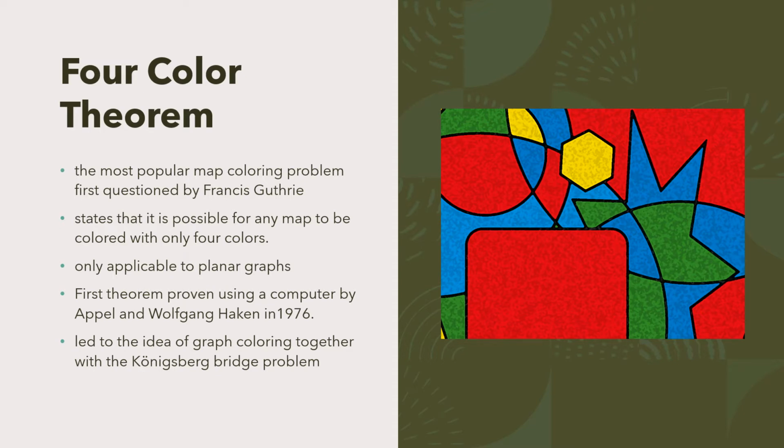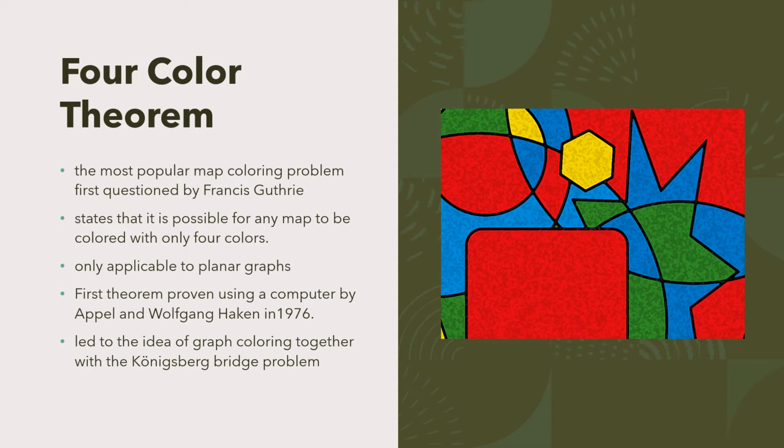It was a problem questioned by Francis Guthrie, whose brother requested it to be proven by Augustus De Morgan, a professor of mathematics at the University College London. It basically states that any map can be colored using only four colors.